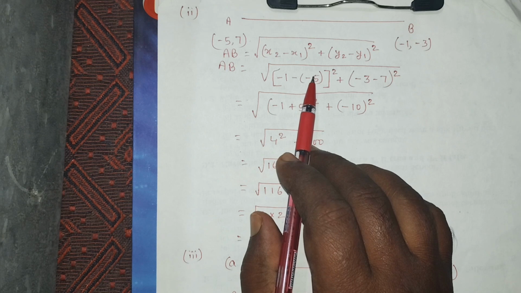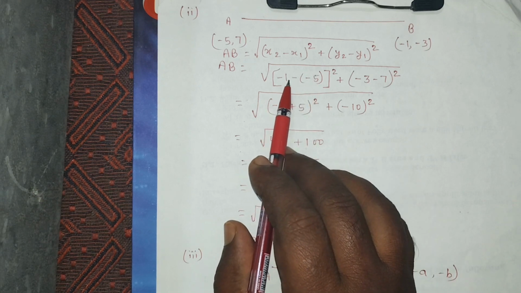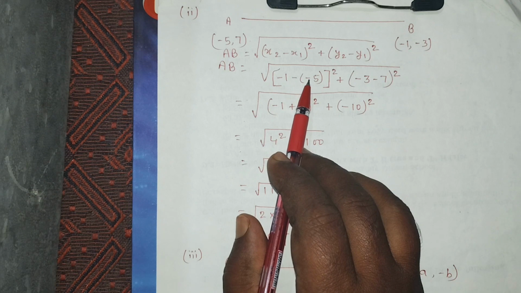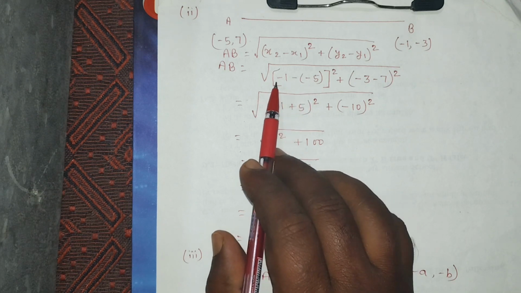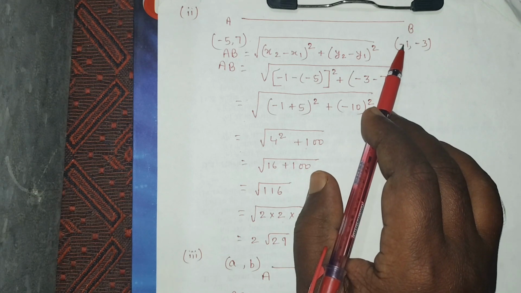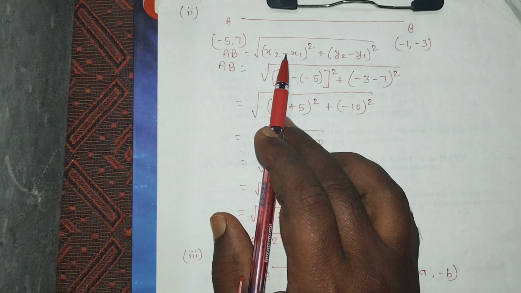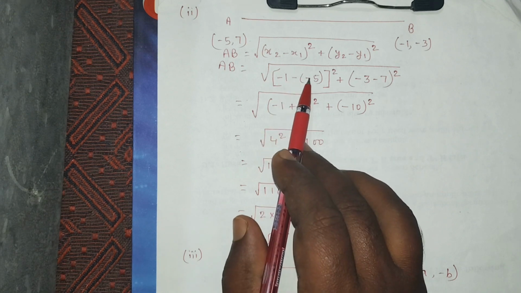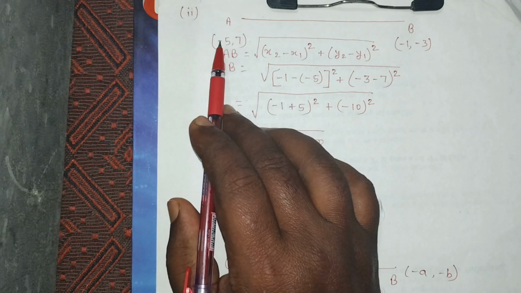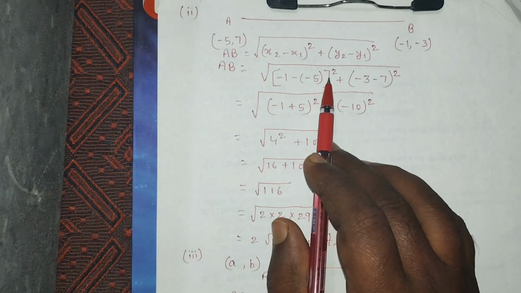Students, here you will have to keep the concentration. Concentrate yourself. 3 times minus sign is repeated here. First minus comes from here, -1. Second minus comes from the formula, that is here. Third minus comes from here, -5. Everything under bracket.